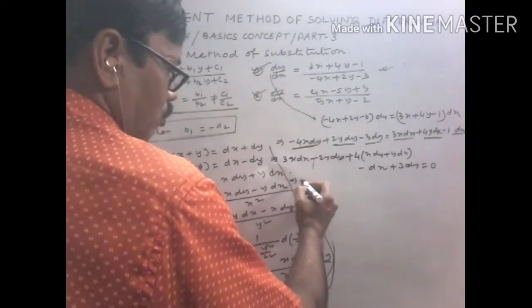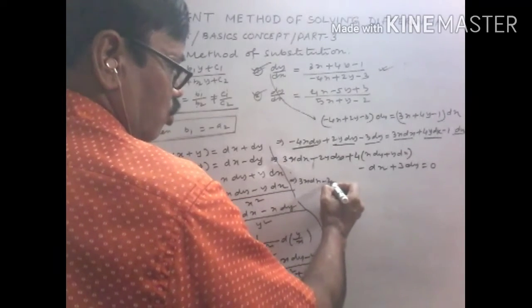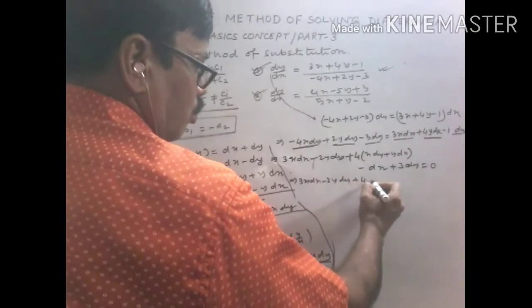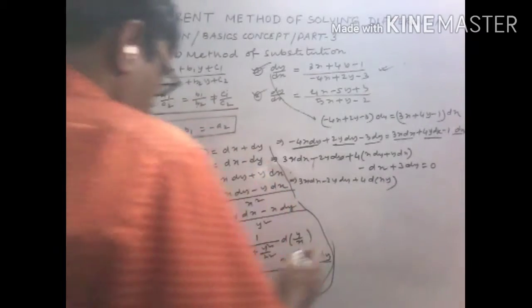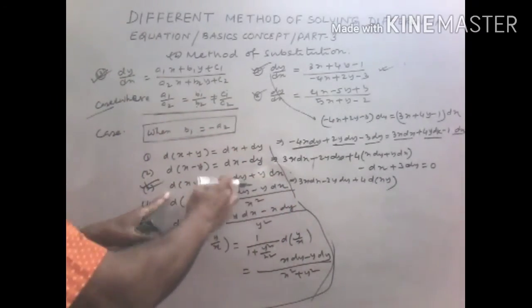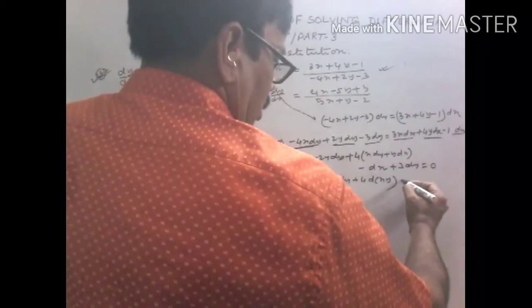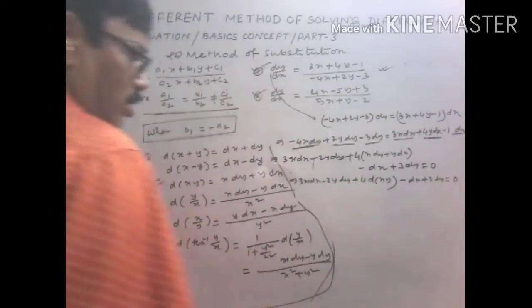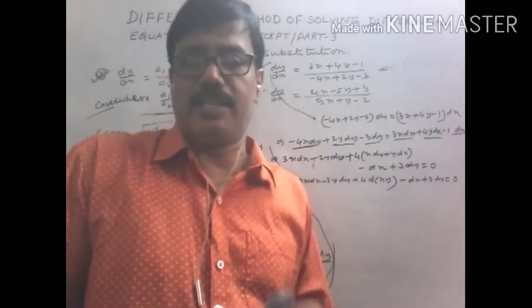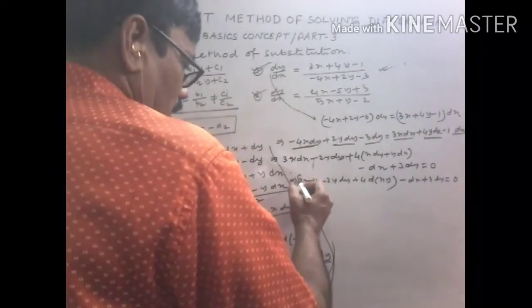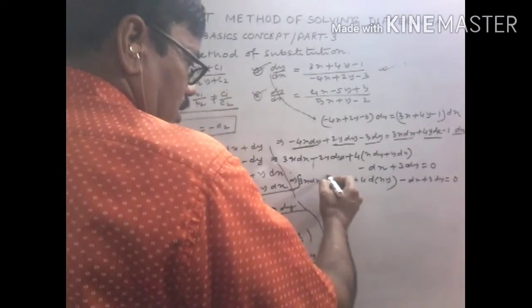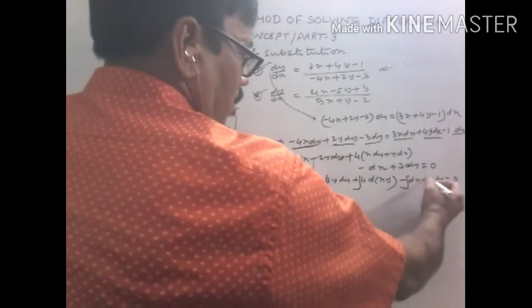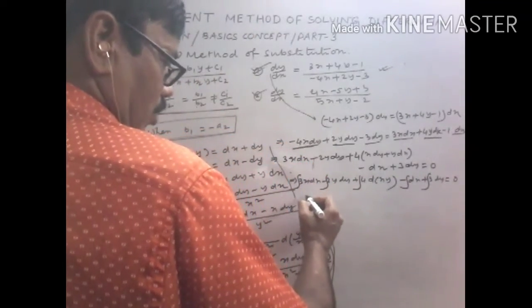So now one more step: 3x dx, 2y dy, and this is 4 d of xy. Look, this is d of xy, x dy plus y dx. So minus dx plus 3 dy equals 0. Now you can integrate each term individually.